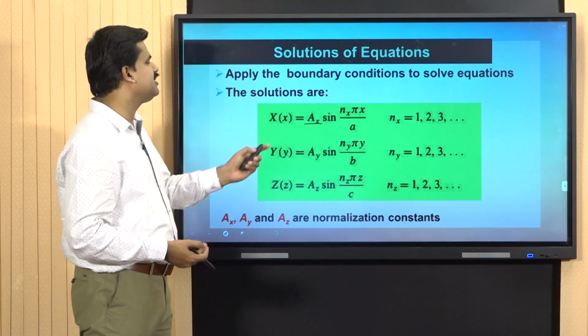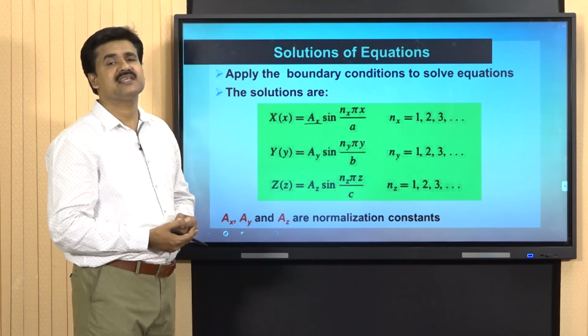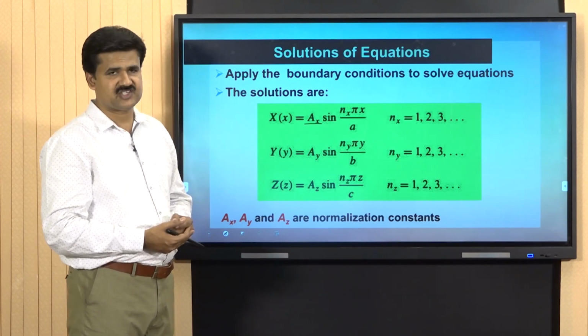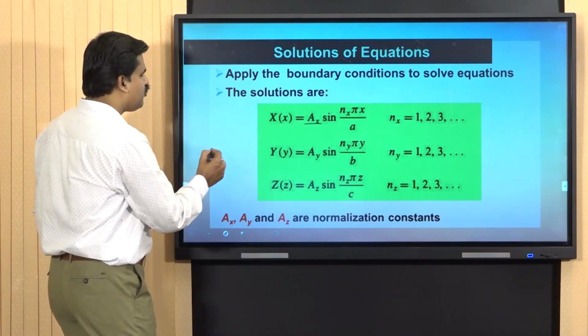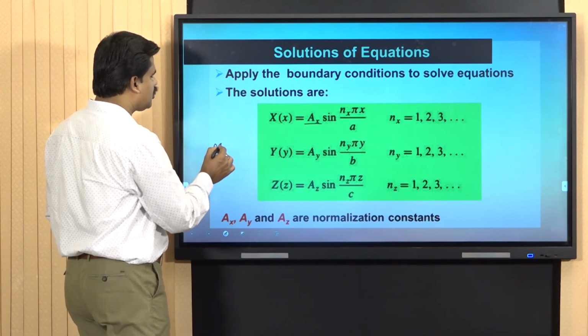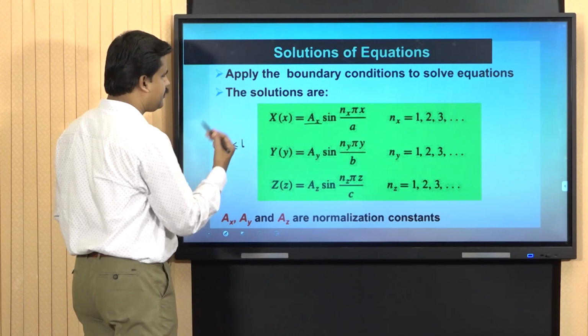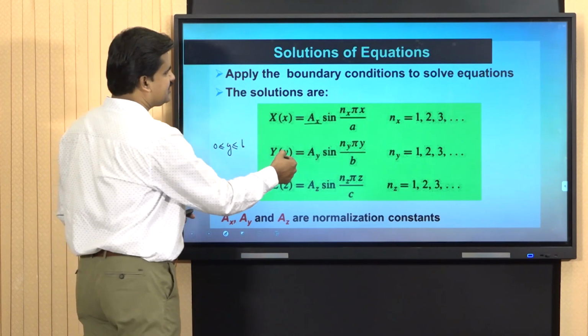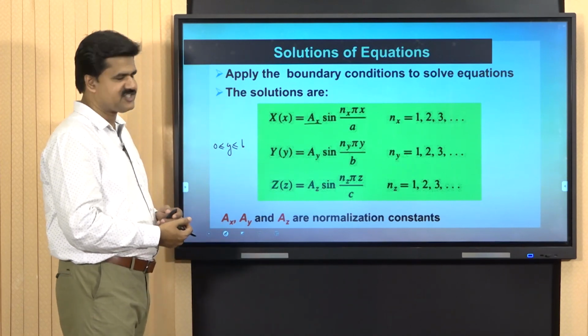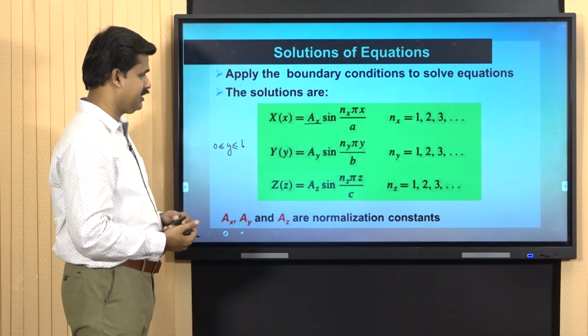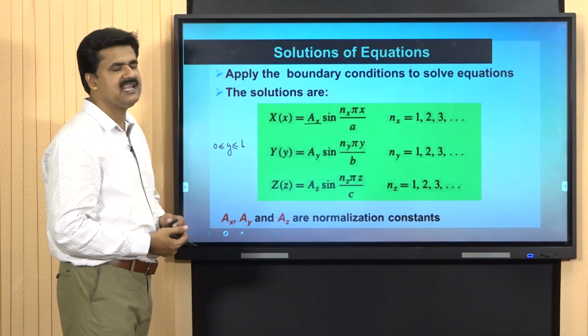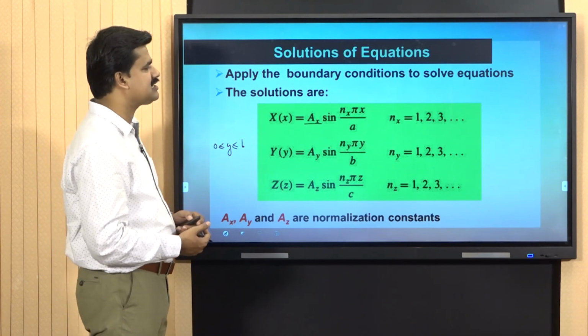Similarly, to solve the y equation, we have to apply the boundary condition along y direction. The boundary condition along y direction is that 0 less than or equal to y less than or equal to b. On applying that, we get the solution to the y equation, that is Y of y equal to Ay sin ny pi y divided by small b.